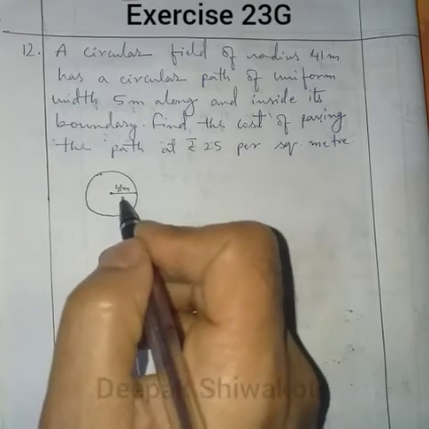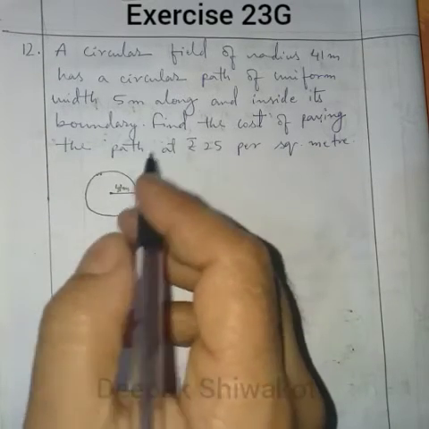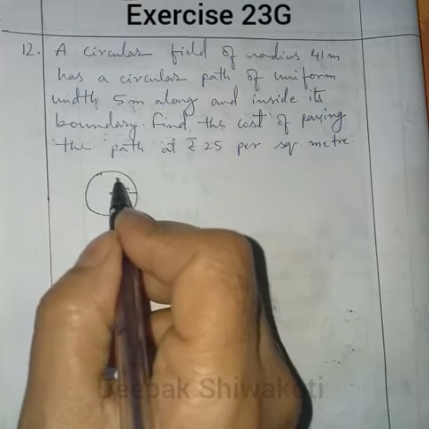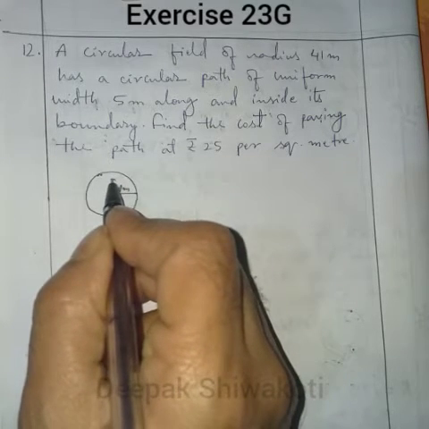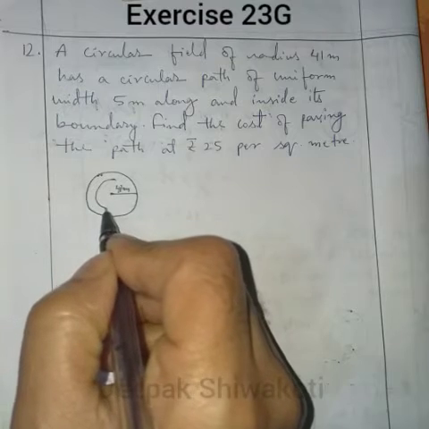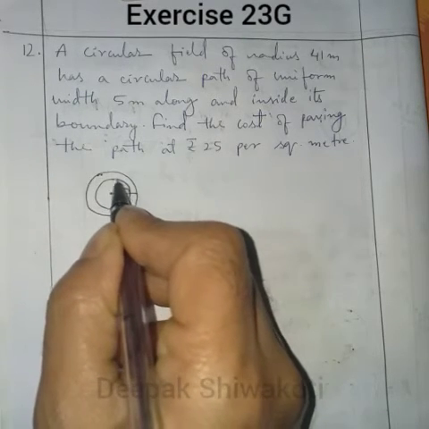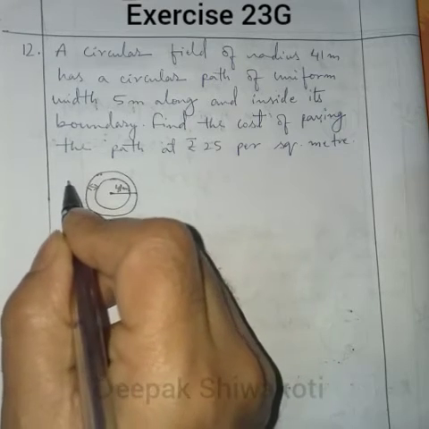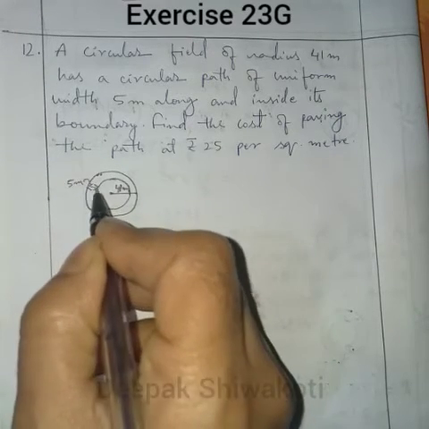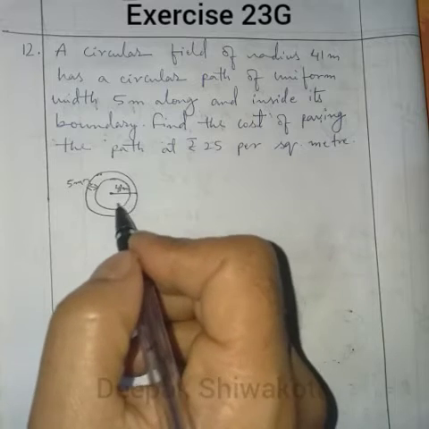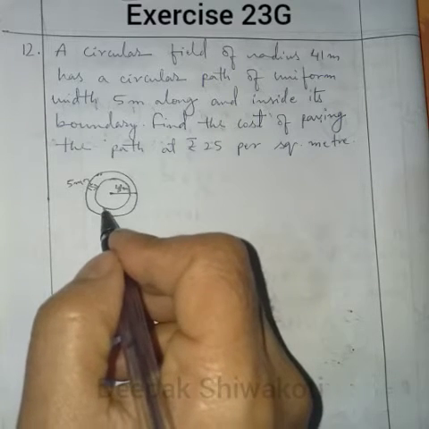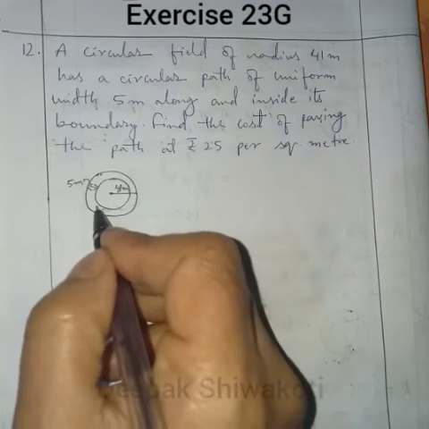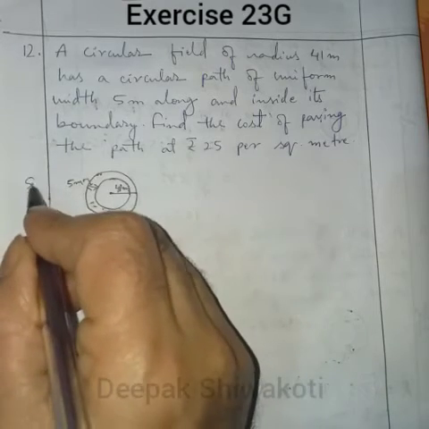Now a uniform path is inside this circle and the width of this path is 5 meter. Now we have to find the area of this path and the cost of paving of this path. So here, solution.